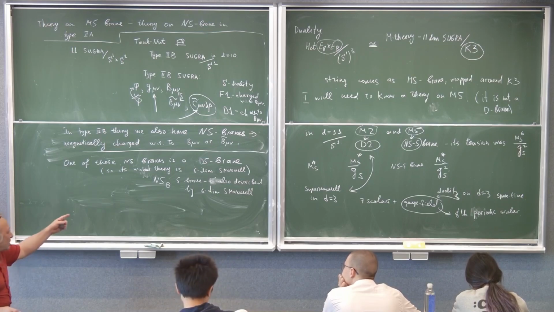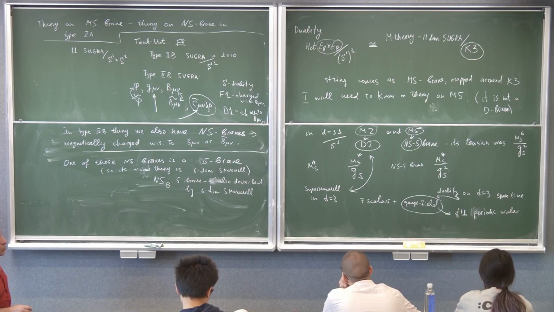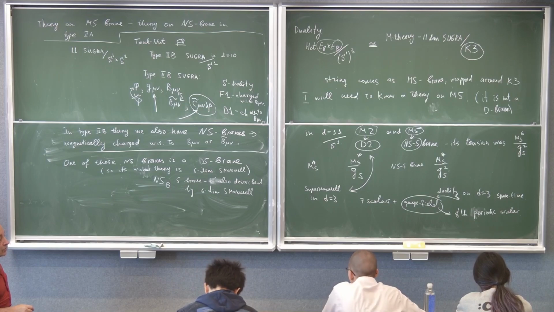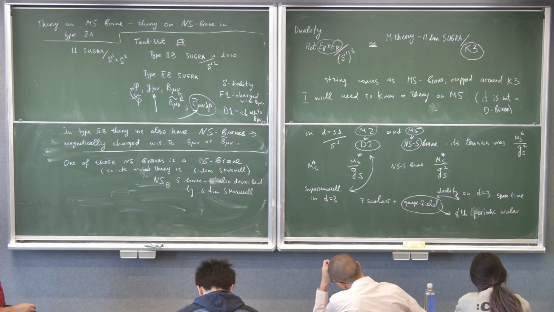But these are NS5 branes of type B, and we are interested in the theory on the M5 brane. And the M5 brane is an NS5 brane of type A. And we have good reason to think that they are different.